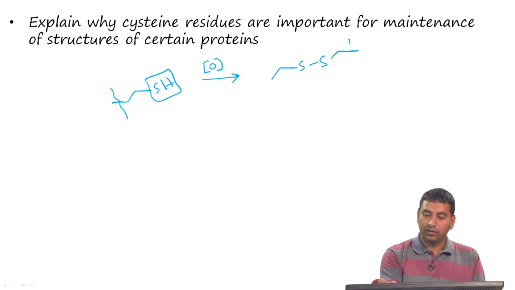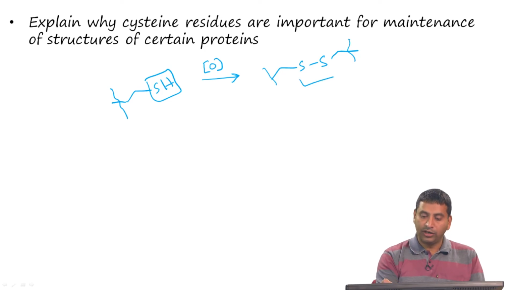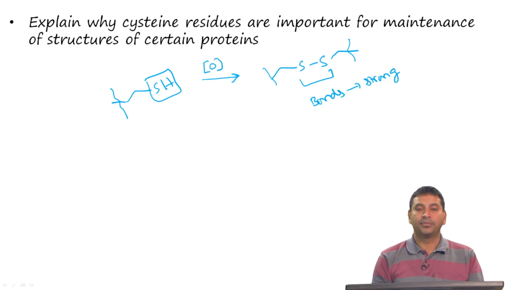So, you have a potential covalent bond that can be formed, and as we already know, covalent bonds are extremely strong and are difficult to break. These kinds of disulfide bonds, as they are called, are quite strong. So, if a protein structure depends on this kind of disulfide forming capability, then it would contribute to the maintenance of the structure.